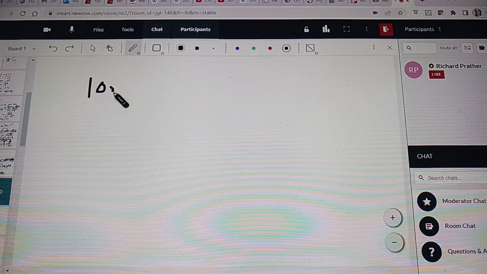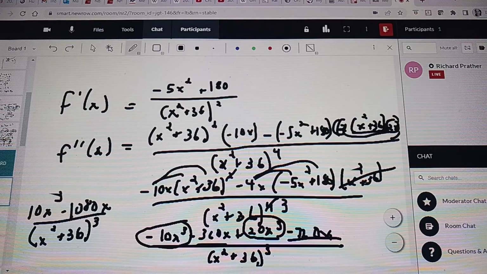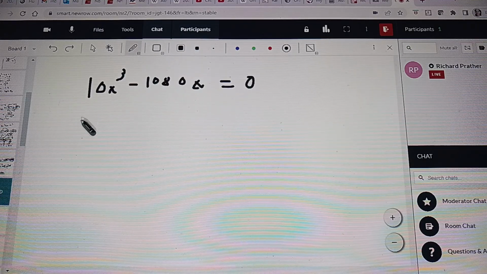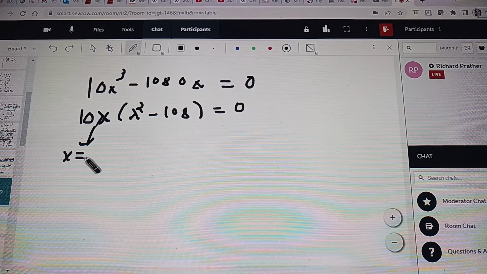10x to the third minus 1080x equals 0. So I can factor out a 10x, and that would leave x squared minus 108. So x equals 0, and then this is going to be plus or minus square root of 108.